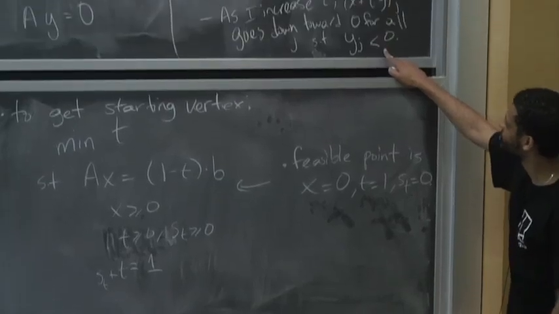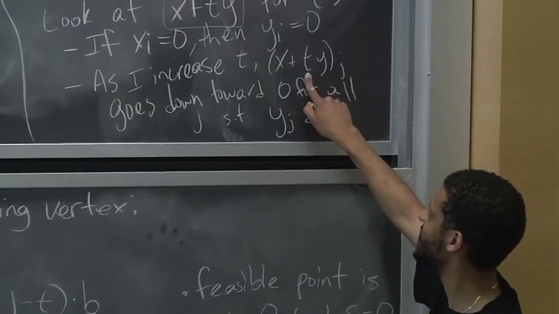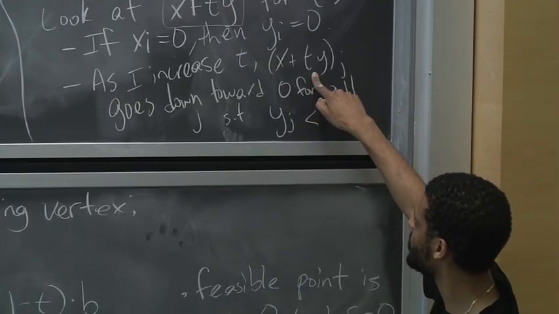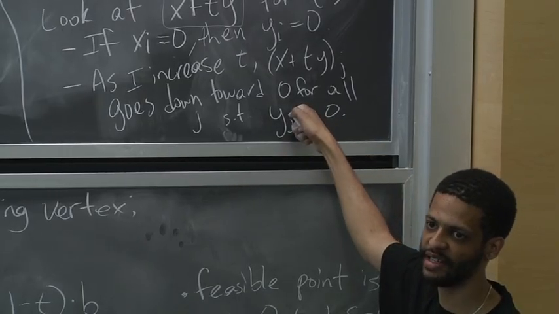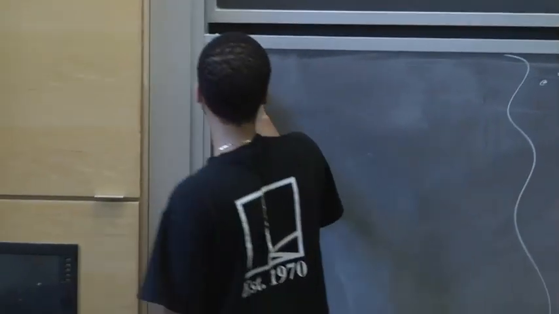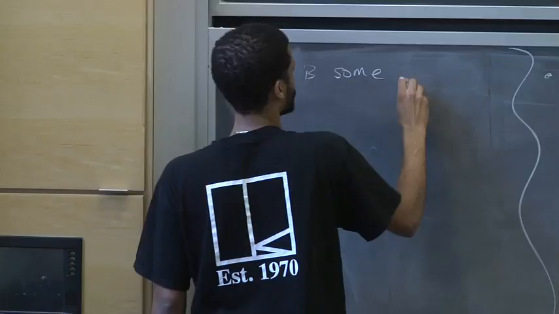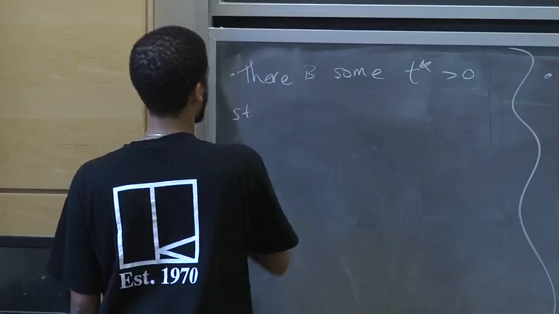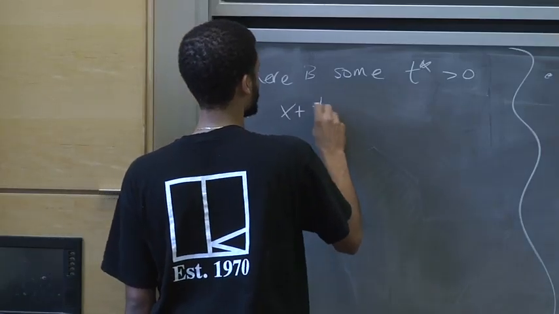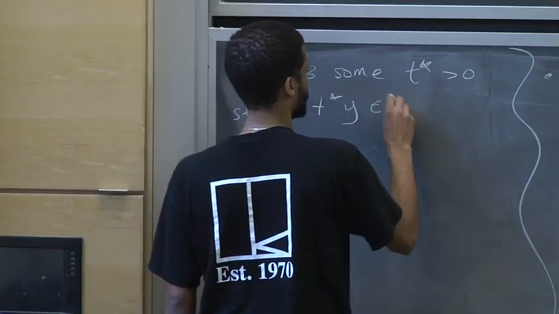I am going to do this for some positive t, not a 0 t. I'm going to do this for some positive t before one of the constraints becomes tight, before I get a new 0 component. So there is some t star, let's say, strictly bigger than 0, such that x plus t star y is still in P. It's still feasible.